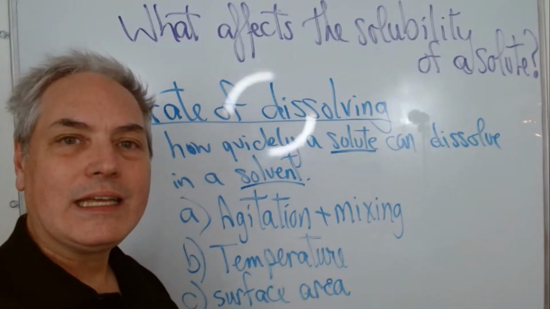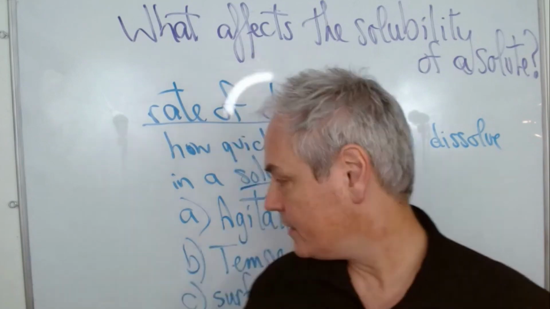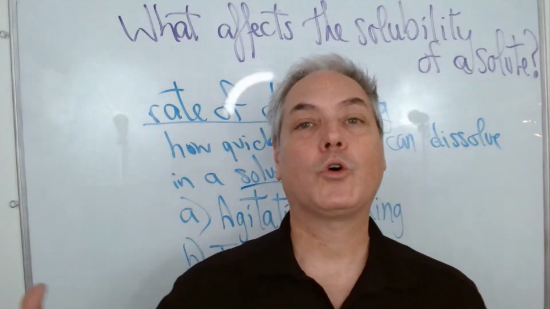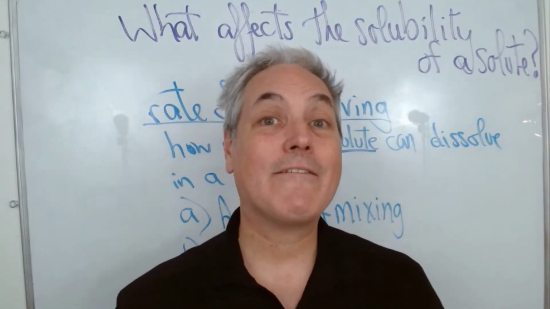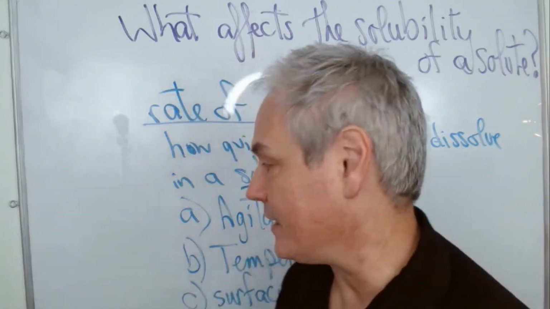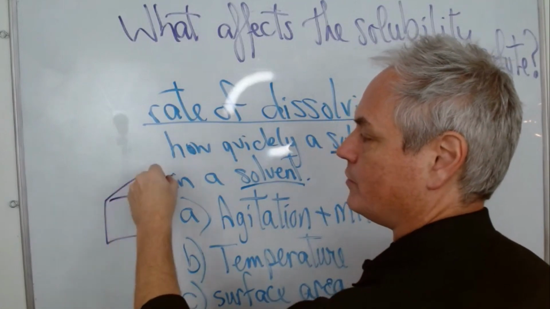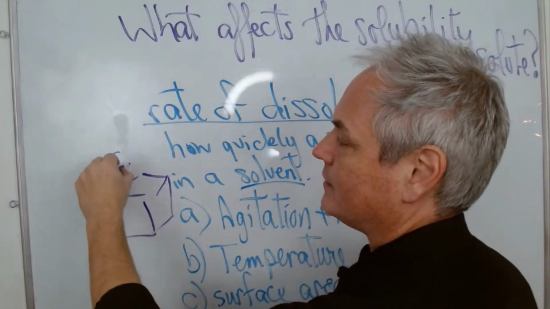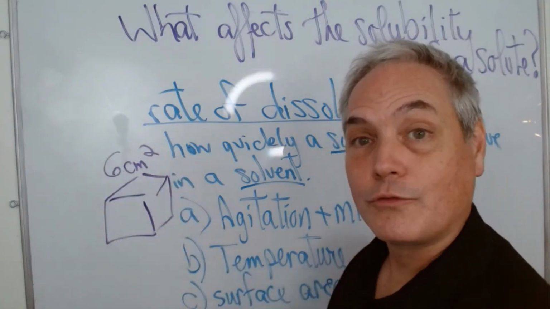The other one here is about the surface area. If you take coarse salt and you want to dissolve it in water, it will take more time than if you take fine salt. The reason for that is that you have more surface area. If I make a cube, for example, and it's a 1 centimeter cube, this has 6 square centimeters of surface area.